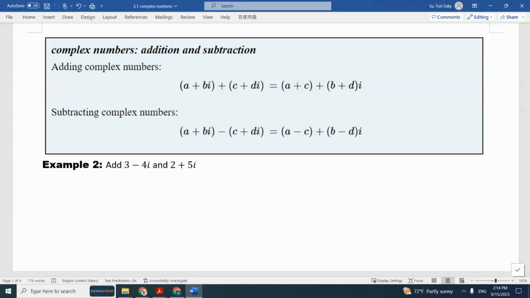Yes, add them. Add the like terms. Add the like terms.